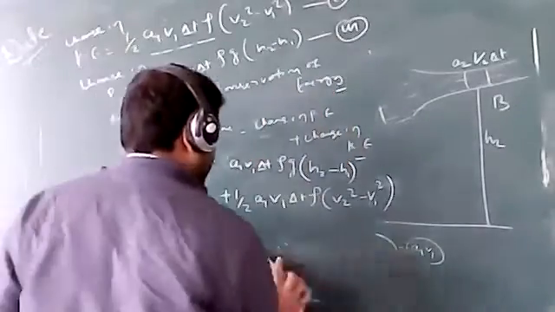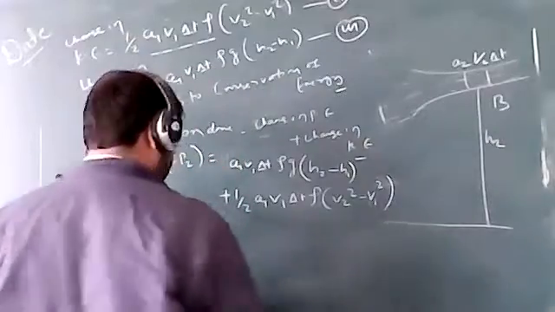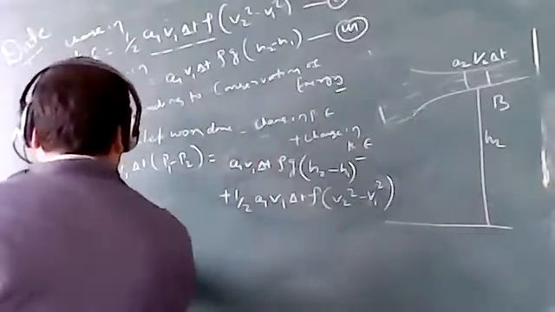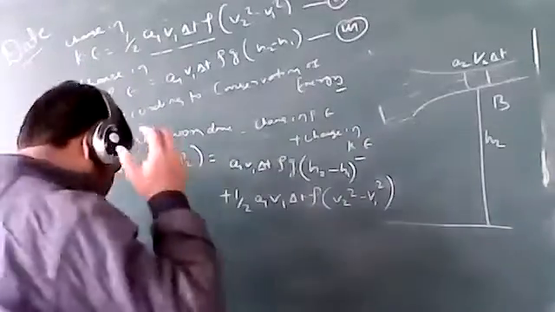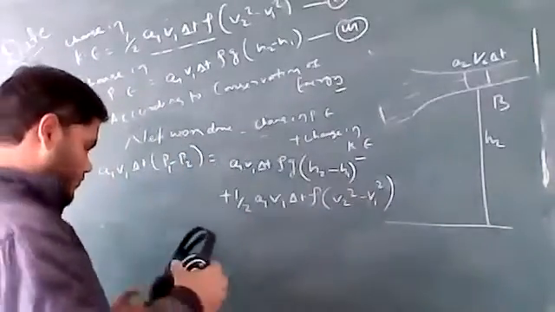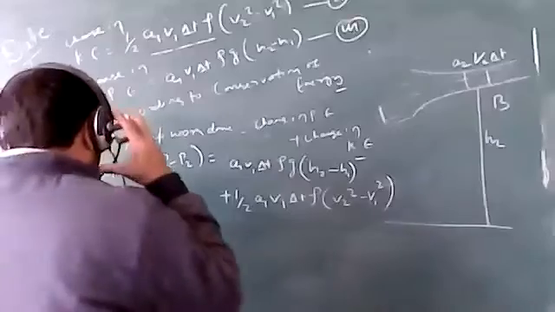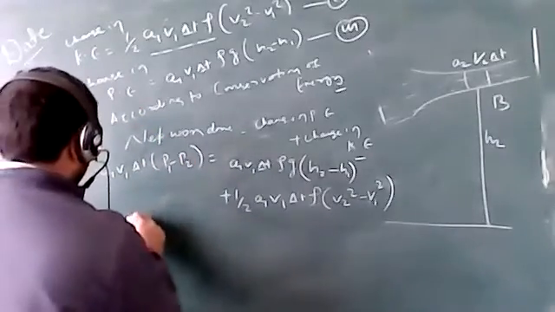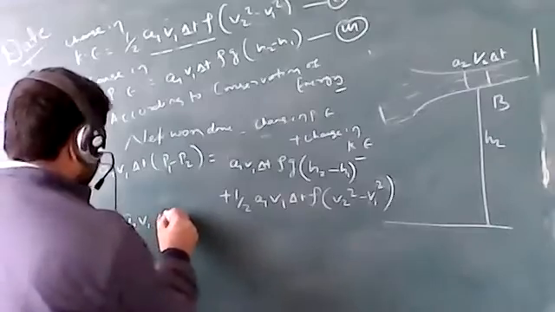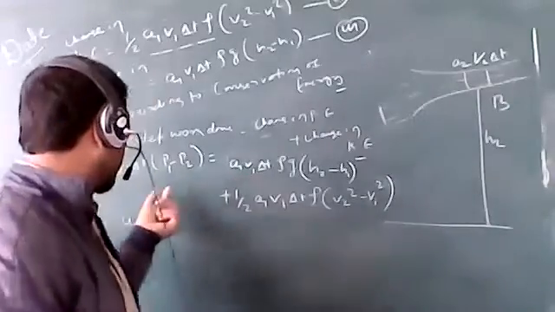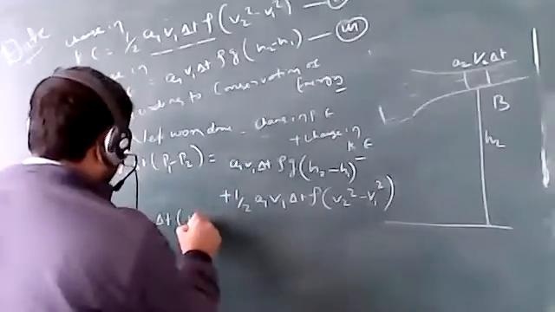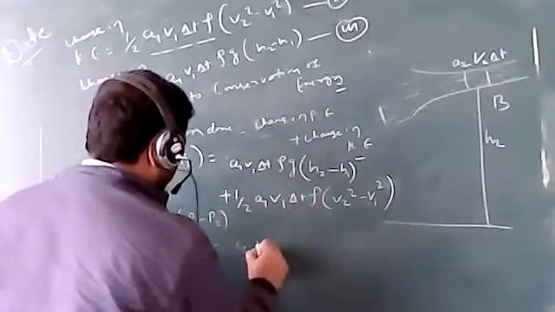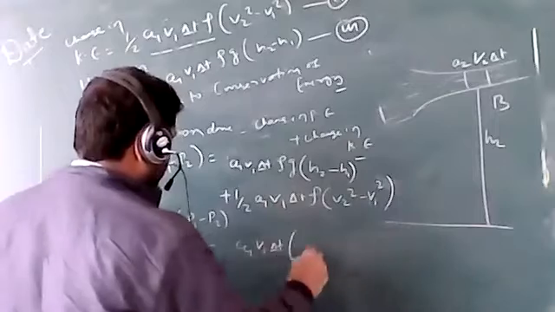If we equate this particular equation, then what will come? Just see that. Then A1 V1 delta T. You just take common A1 V1 delta T into P1 minus P2, equal to the right hand side, where A1 V1 delta T will remain common.